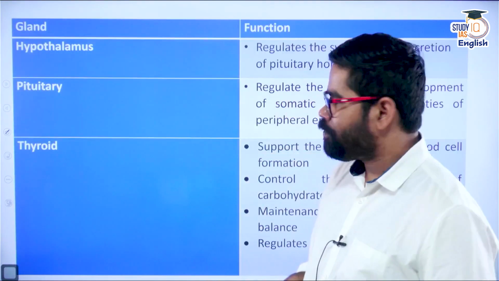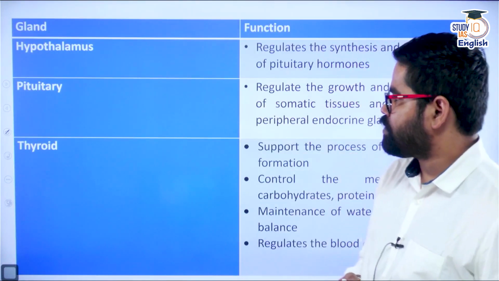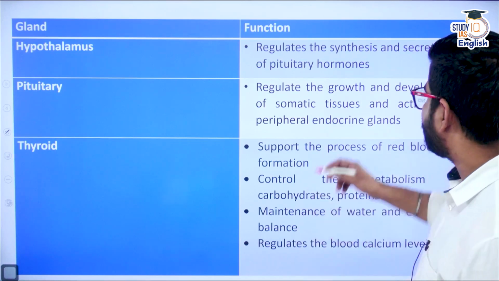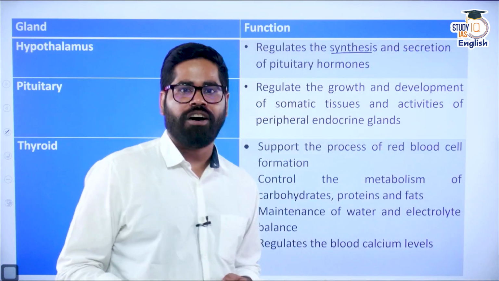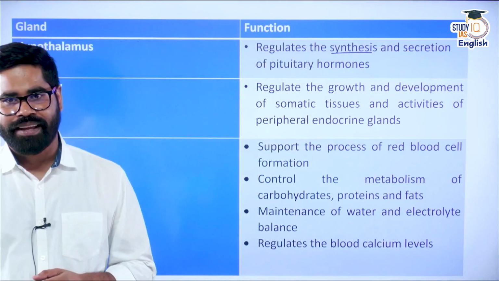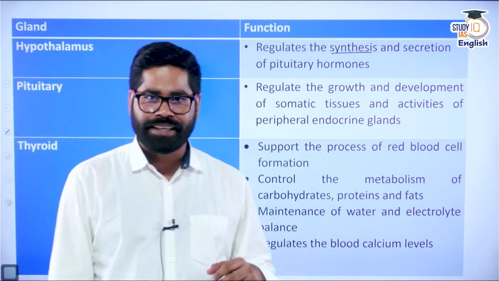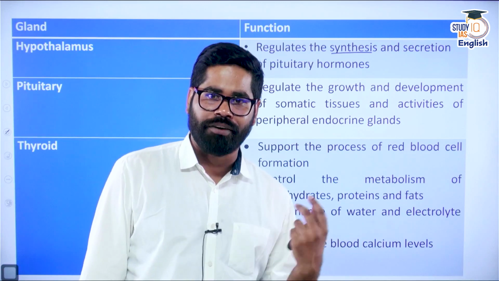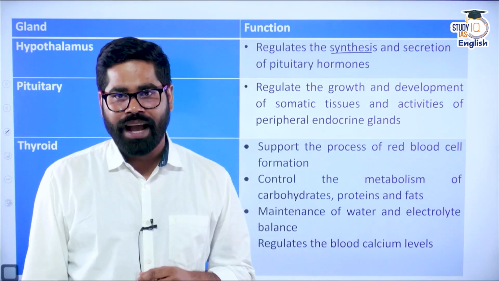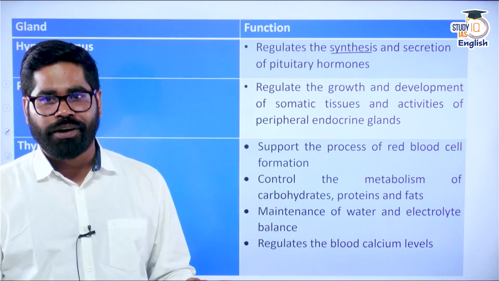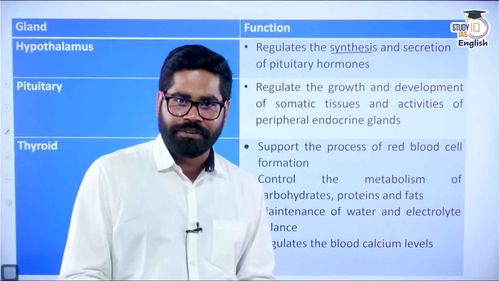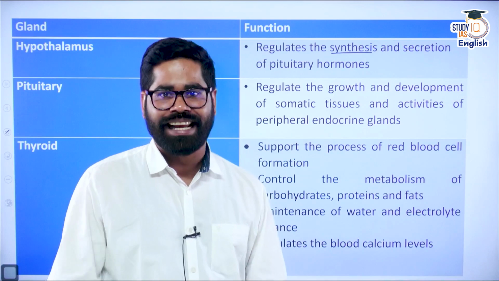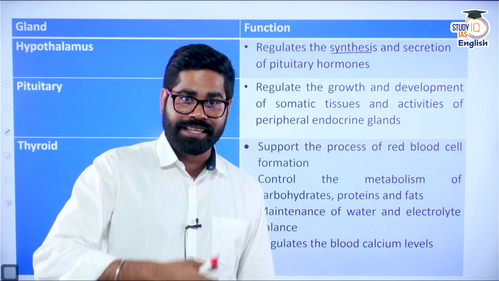First of all, we have the hypothalamus. Basically, this hypothalamus regulates the synthesis and secretion of the pituitary gland. So the hypothalamus controls whatever secretion is coming out of the pituitary gland. And what is this pituitary gland responsible for? Basically, it is there to activate all the other endocrine glands. See, there is this chronology.